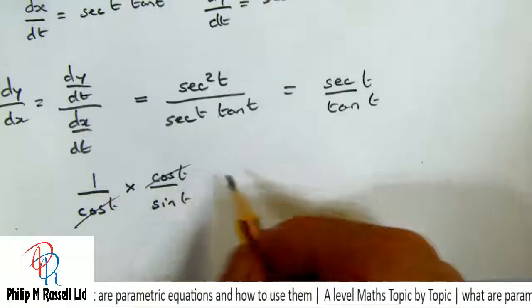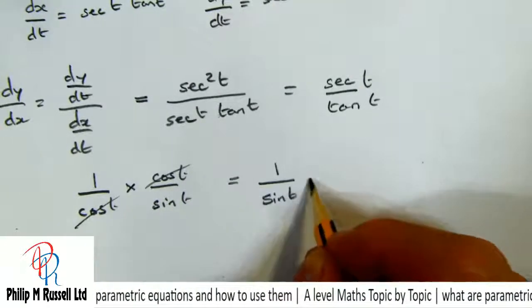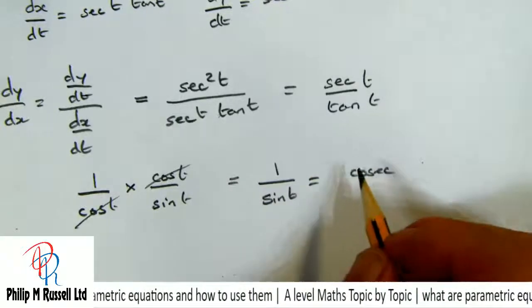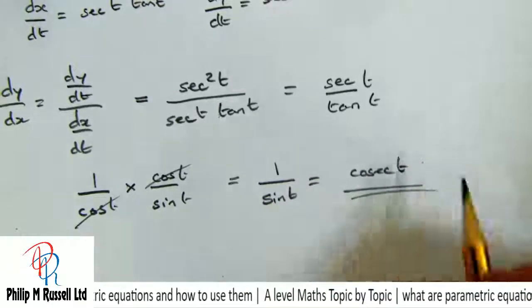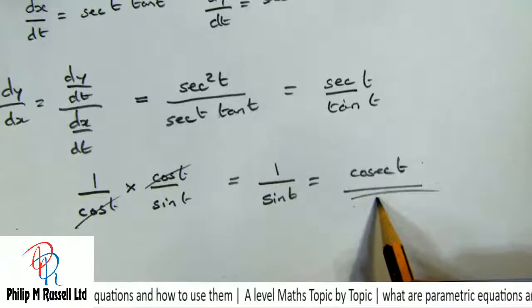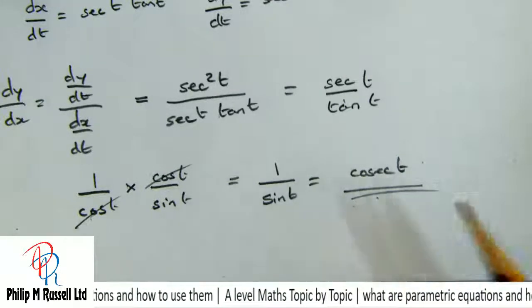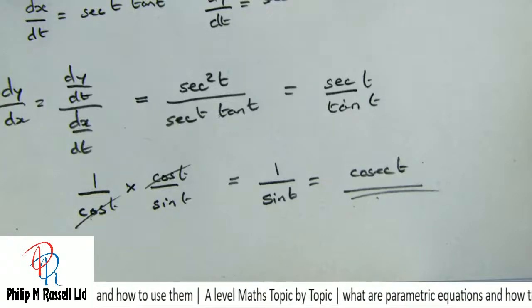They're going to cancel. I'm going to be left with 1 over sine t, which is cosec. Some people just write that straight down. I find if you go through all the extra stages, then everyone seems to understand exactly what you're doing.